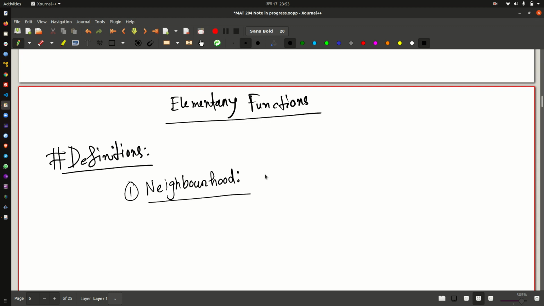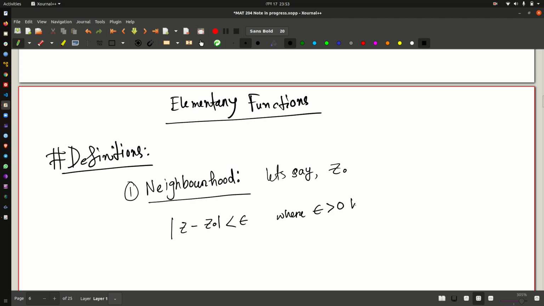So let's say we have z0 and the neighborhood of this z0 is defined like this: |z minus z0| is less than epsilon, where epsilon is greater than 0 but sufficiently small. And what is this z? Well, you can define a circle. Let me try to draw this.